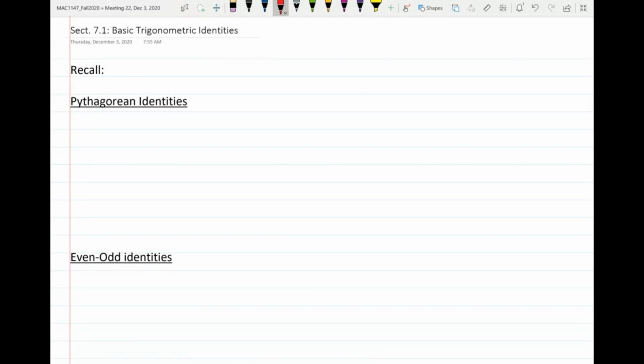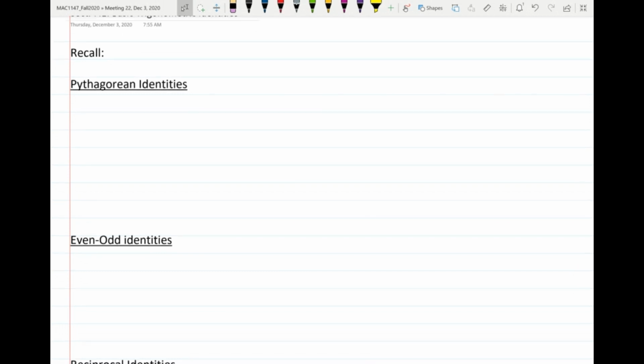All right. Basic trigonometric identities, and I'm saying here recall because we already have seen this. Remember that there are certain groups like the so-called Pythagorean identities. These are, sine squared, let me use x, so sine squared of x plus cosine squared of x. What is this equal to?